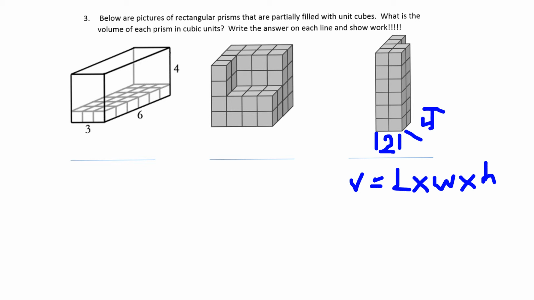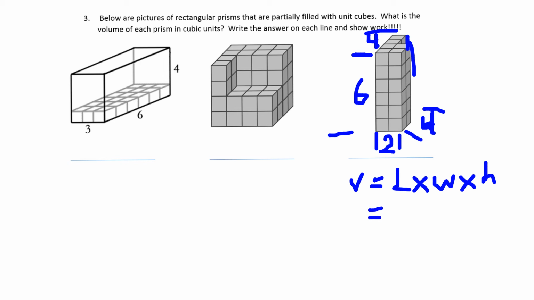Well, the way I did it was I actually looked on this side here. And do you notice that it's 4? When all of this is filled in, all this stuff back here, this is going to be 4 units in length. And then you have a height here of about 1, 2, 3, 4, 5, 6 units. So what we have is a 2 by 4 by 6 rectangular prism when it's all filled in.